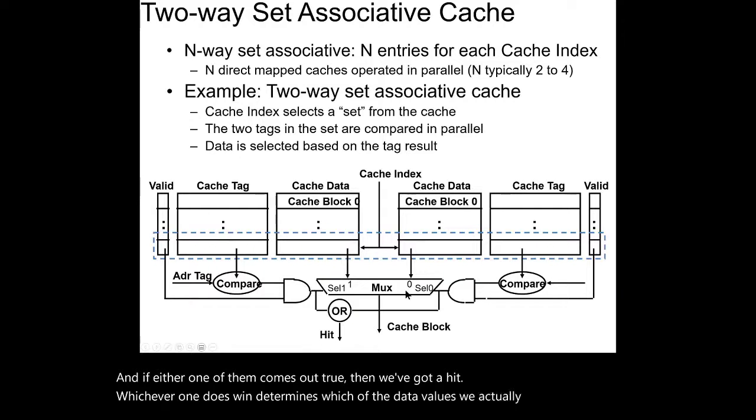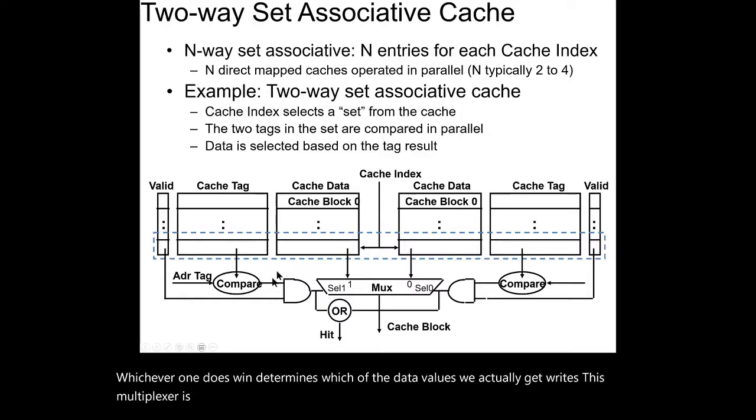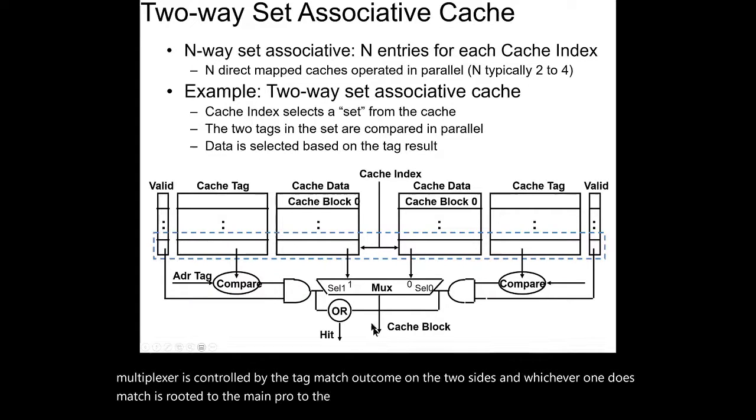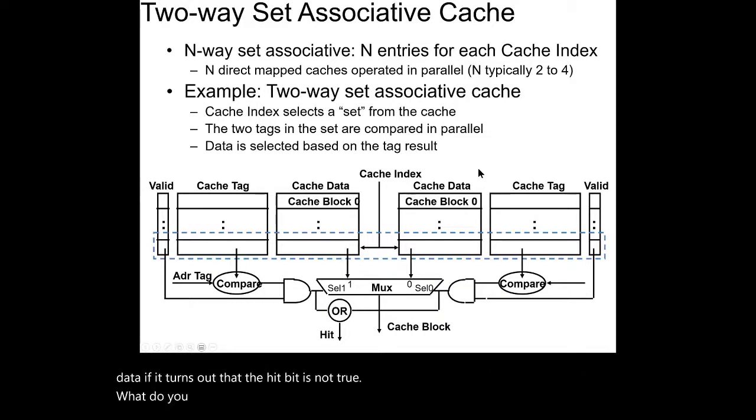So this multiplexer is controlled by the tag match outcome on the two sides, and whichever one does match is routed to the processor here. Of course, the processor can't use that data if it turns out that the hit bit is not true. Okay, so what do you think of that? This is called a two-way set associative cache.